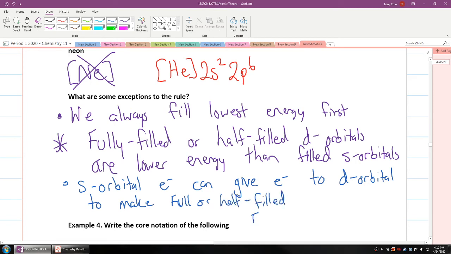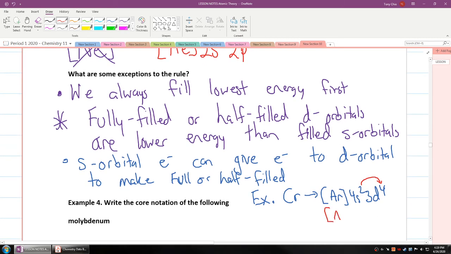An example would be chromium, Cr. Usually you'll write it as Ar 4s2 3d4. But what can happen is one of these s electrons can go towards the 3d, and we are now at argon 4s1 3d5.